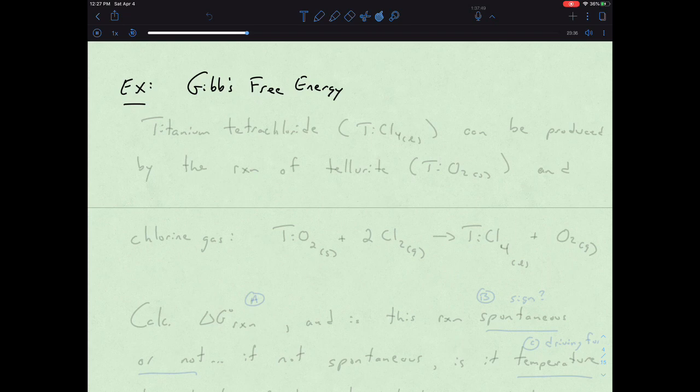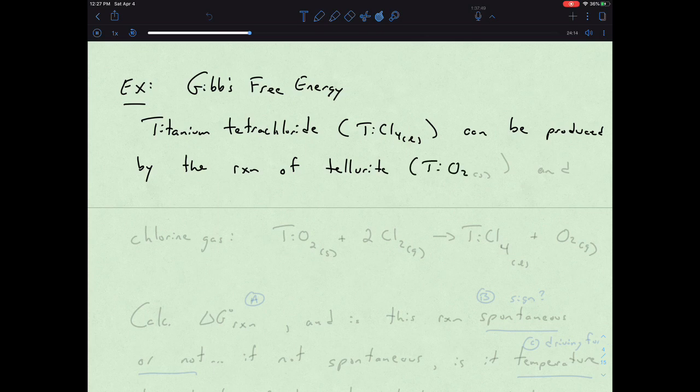Our example looks at a reaction where titanium tetrachloride can be produced by the reaction of tellurite, or titanium dioxide, and chlorine gas.